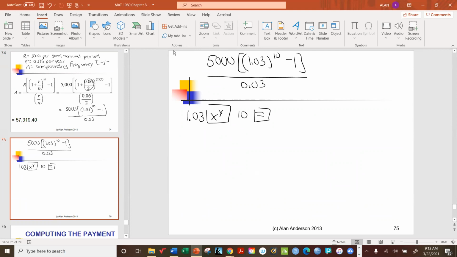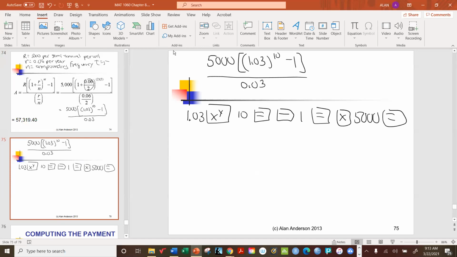I'm going to confirm this. 1.03 to the 10th. Equals. So you'll have a number like 1.343 something. From that, you can subtract the 1. Okay, so subtract the 1, equals, and you'll have a fraction now, which you can then multiply by 5,000.